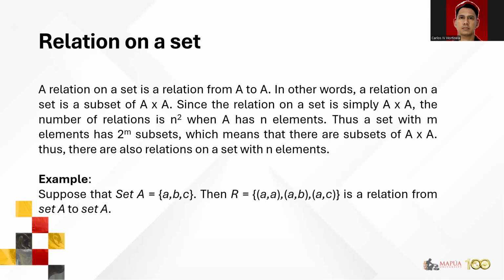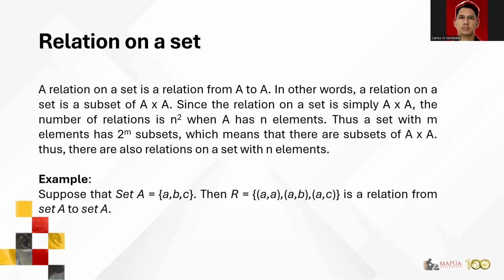my set A comprises A, B, and C, and I form a relation set from set A to set A. Okay? How many possible groups can I have? The maximum possible groups that you could have would only be 9 groups, 9 pairs. Okay? That is for your universal relation.